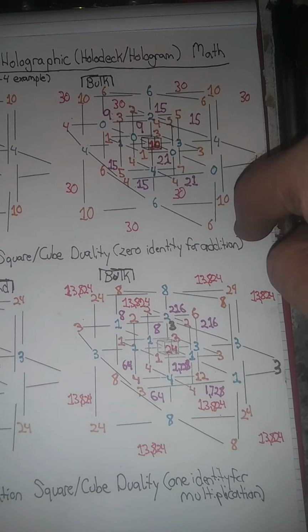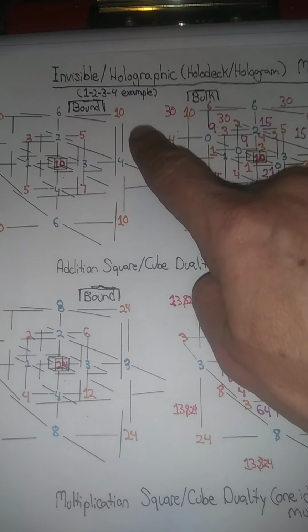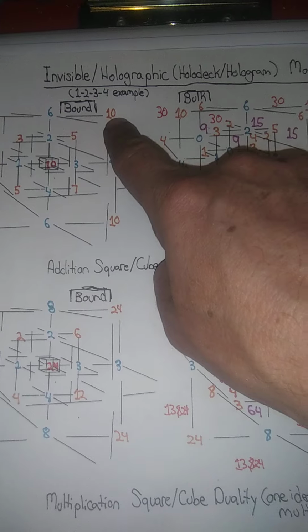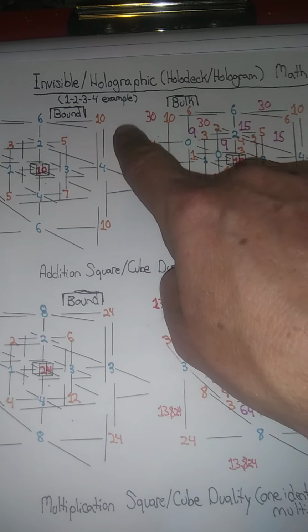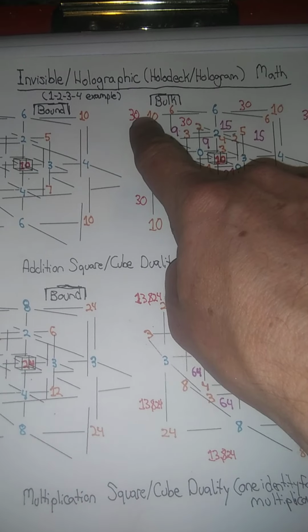It's a trifold. And of course, these numbers in addition form are these numbers multiplied or added 3 times.